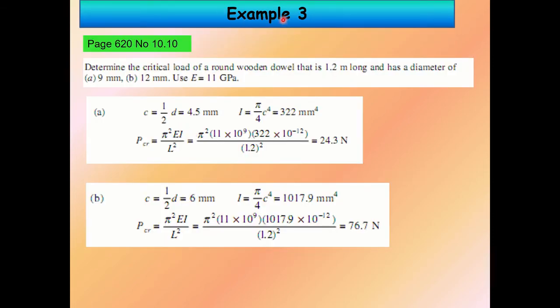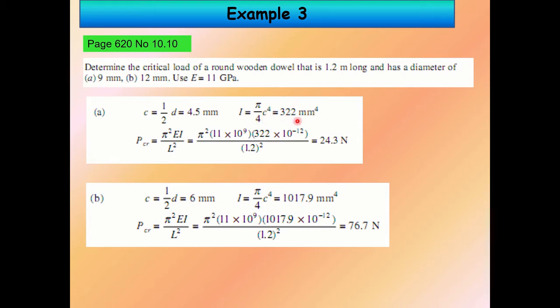Example number 3. Refer to textbook page 620, number 10.10. Determine the critical load of a round wooden dowel that is 1.2 meter long with diameter 9 and 12, use E equal to 11 gigapascal. Using your Euler formula, the I for a solid circle equals pi over 4 c to the power of 4.